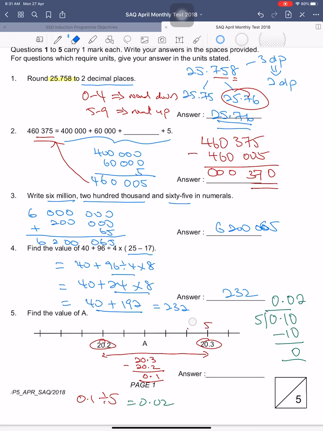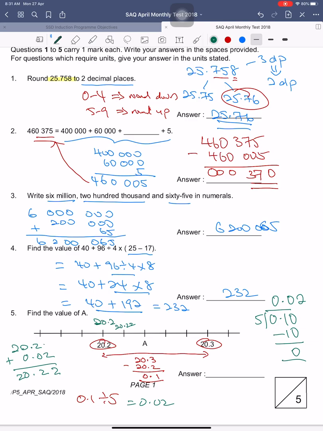So what does that mean? It means that from here, 20.2, I add another 0.02 will be 20.22. So repeat, 20.2 plus 0.02 is 20.22.